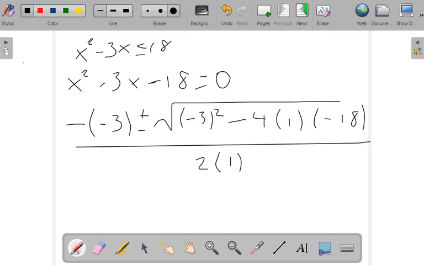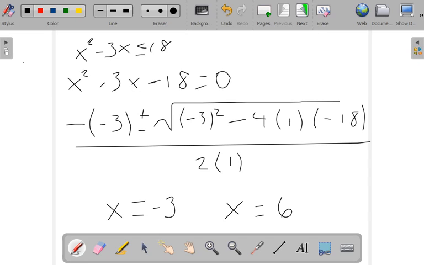And if you calculate this out, you'll find that x is going to equal negative 3, and x equals 6.